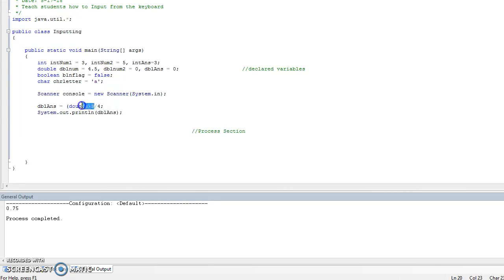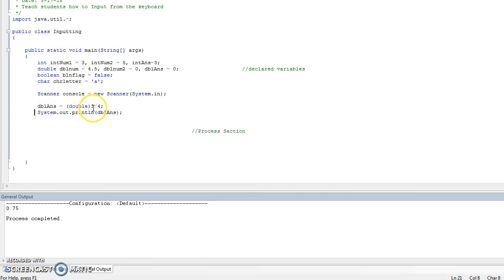This is called explicit conversion because you're creating this to become a double. And this is called implicit because the computer says, hey, I can't do a double divided by an integer, I got to promote 4 up. So the computer does this one, which is implicit. You do this one, which is explicit. This is called typecasting. We're changing 3 at this point in time to a double. Once we leave this line, 3 goes back to being 3.